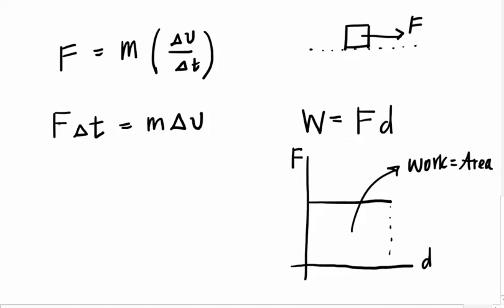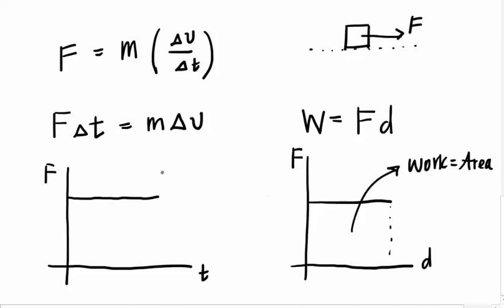So force times change in time. Could I graph force and time? Sure, a force can act on an object for a particular amount of time. And maybe that force is a nice constant force. So if I take force, that's like the height here, F, and I multiply it times delta t, from the graph, geometrically, that's the area.